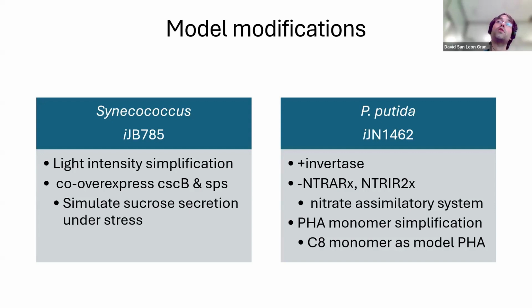So in that case, the medium will contain nitrate that will not be used by Putida, to avoid this problem. And later on, we simplify the PSA monomer production. The model contains many types of monomers for PSA, so to simplify, we only wanted to know the production of PSA, and it doesn't matter which one.